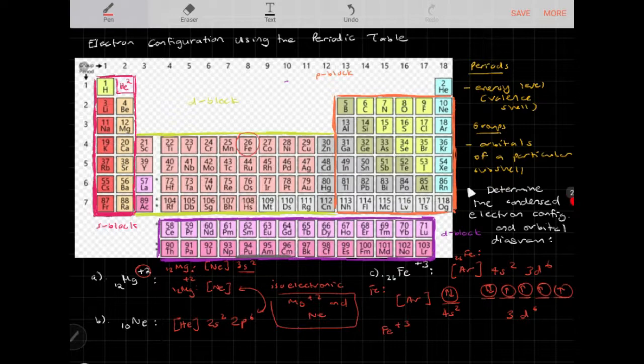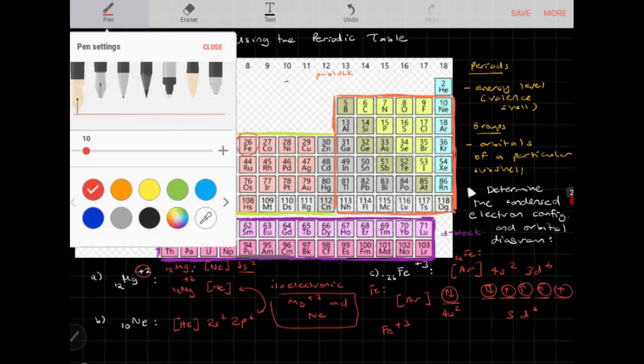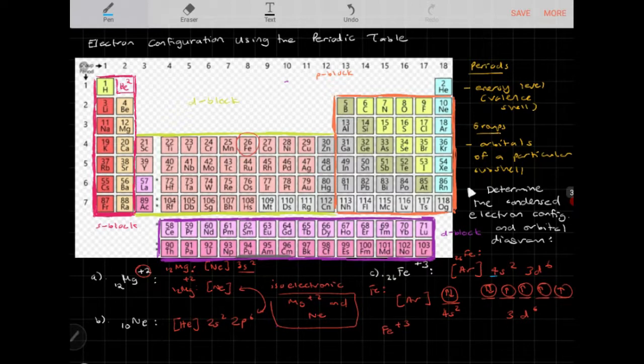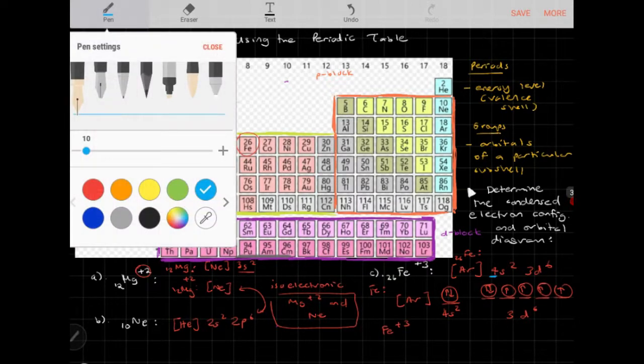This is normal iron. If you're looking at iron plus 3, then you're going to have to remove electrons from the valence shell. Now, the idea with this is that you always remove electrons from the highest energy level, so you always remove electrons from the 4s first, and then the 3d subshell, even if the 3d subshell is a little bit higher in energy, right?